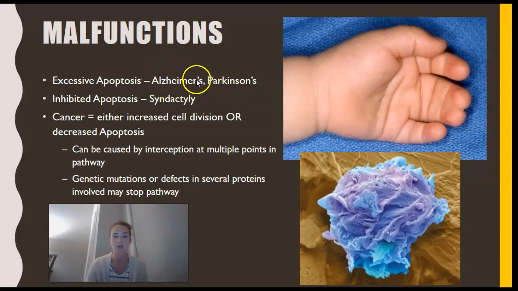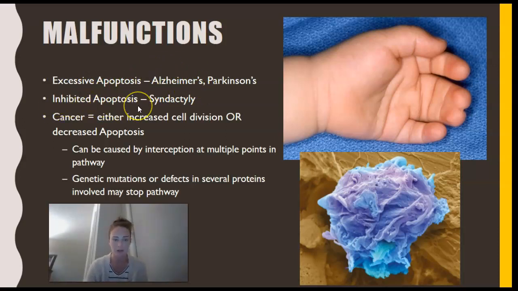So in Alzheimer's disease, a protein starts building up in cells, and that protein itself signals for programmed cell death. So this buildup is happening in neurons, and obviously having lots of neurons start to die in a programmed fashion is not going to be good for an individual. So excessive apoptosis, a good example would be Alzheimer's disease.